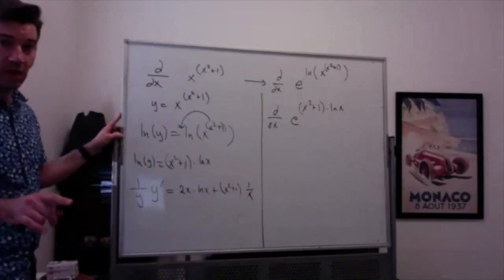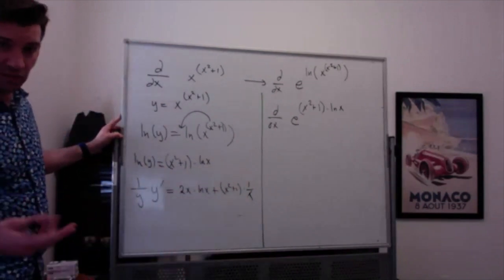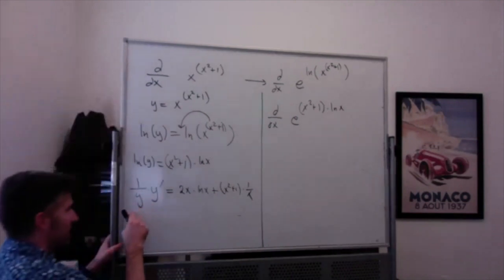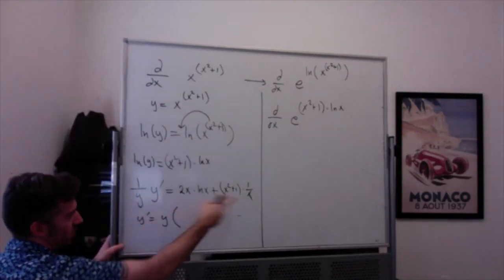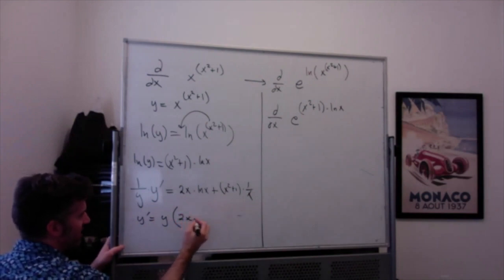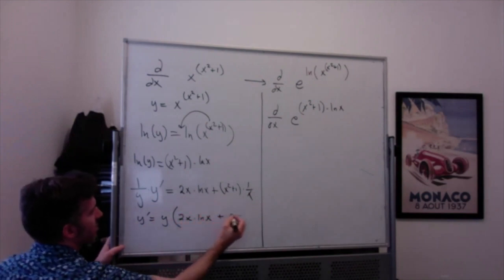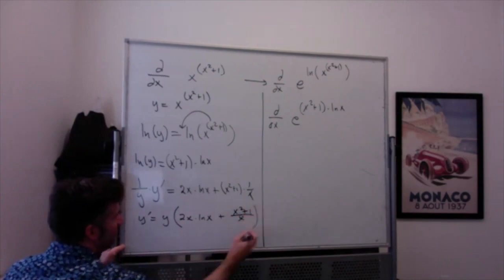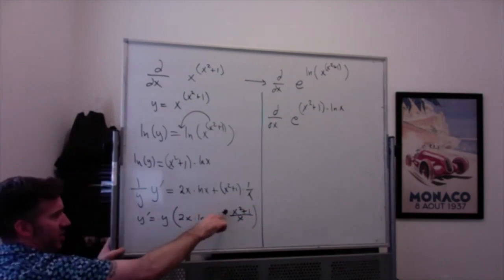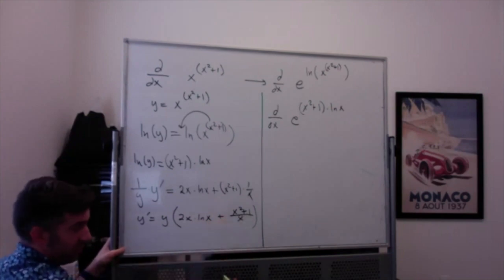And then you can do this next part as one step, but I'm going to show it as two. You multiply both sides by y, so you get y prime equal to y times all that. You can simplify this a little bit, but not a lot. I'm going to write this as x squared plus 1 over x. I suppose if you wanted to, you could divide and say x squared over x is x, and 1 over x is 1 over x.